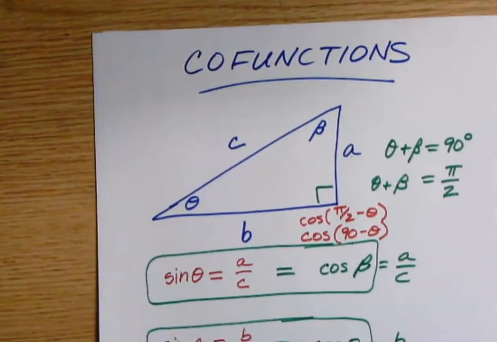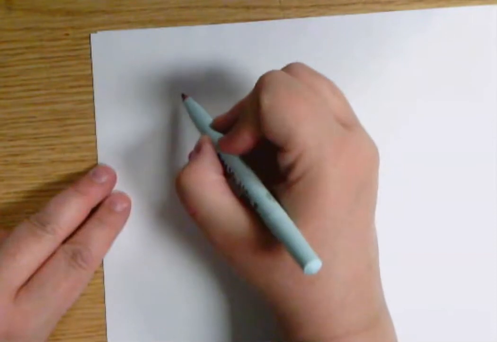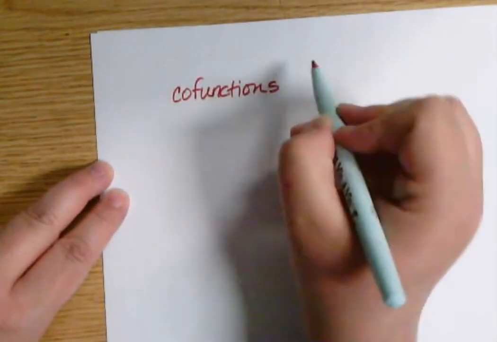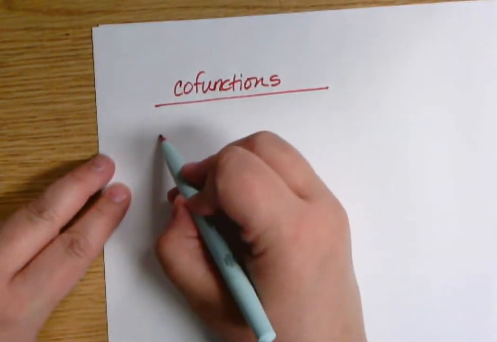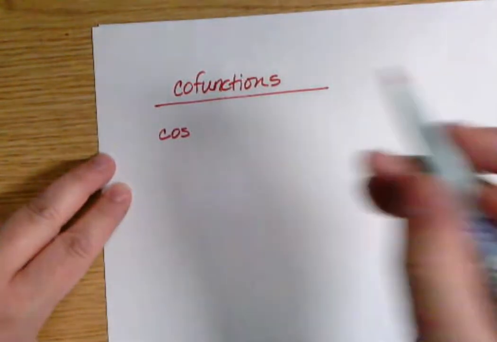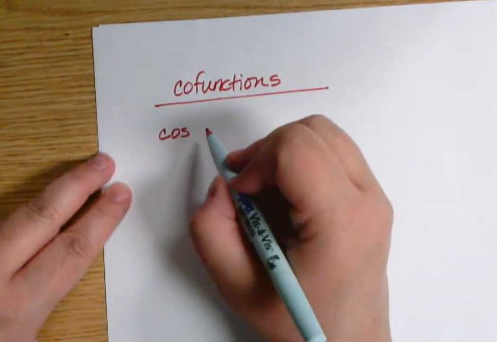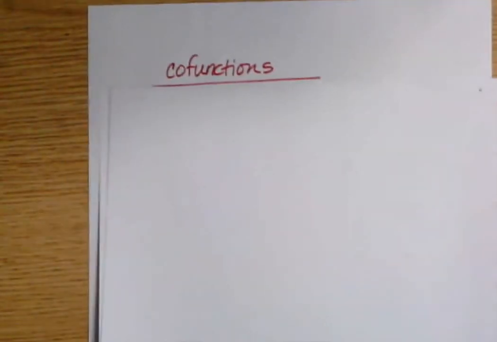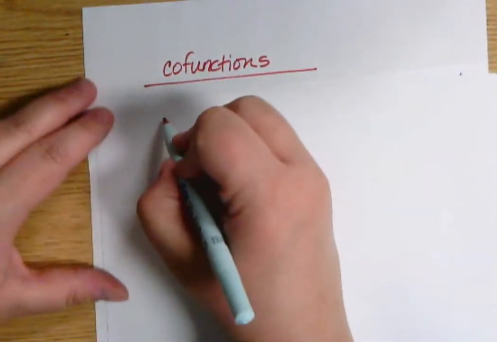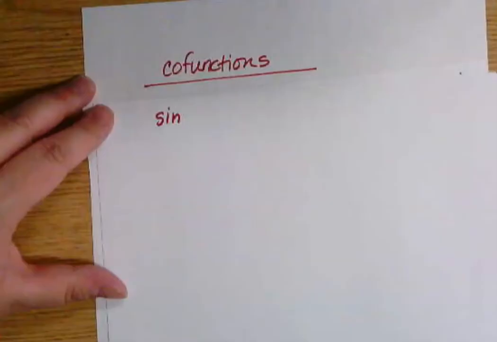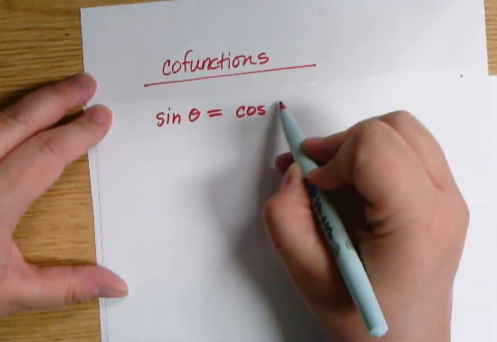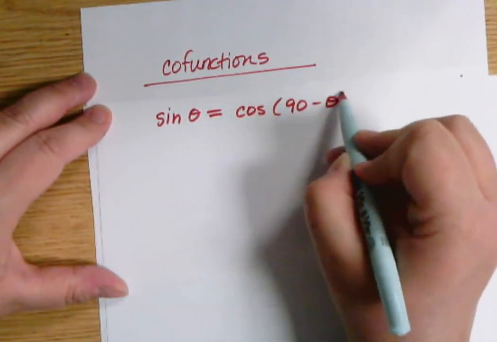That makes sine and cosine cofunctions. Okay, so let's just look at that. And the other ones work like that too. The sine, it doesn't really matter which one, but the sine of an angle, let's say it's theta, is equal to the cosine of its complement.